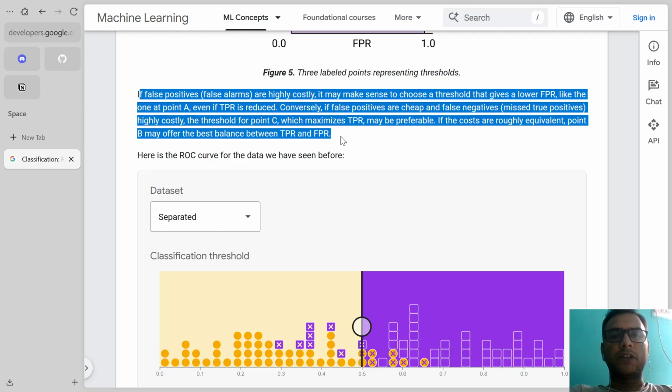It means in certain scenarios, for example, let's say we are detecting a cell and giving a probability of confirmation that this particular cell is cancer. Here a false positive is highly costly because it has a very large cost.